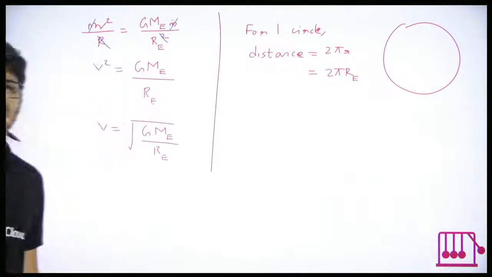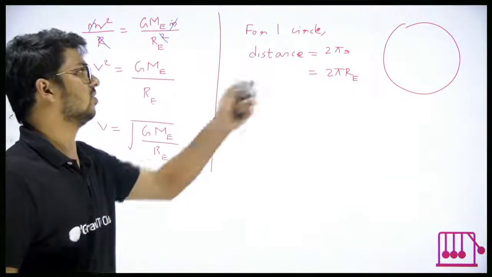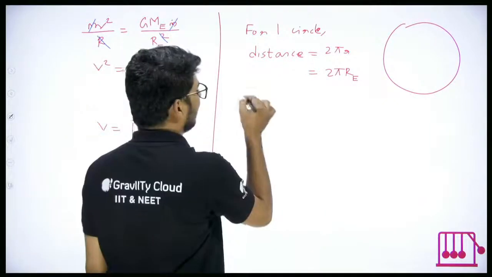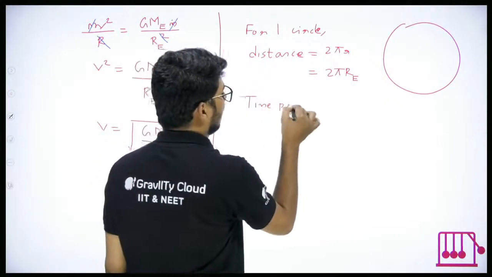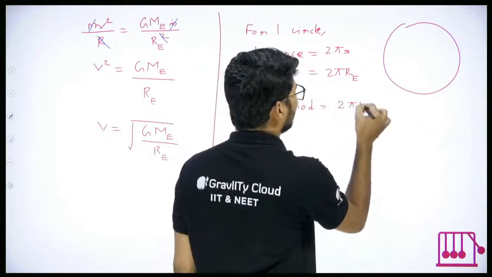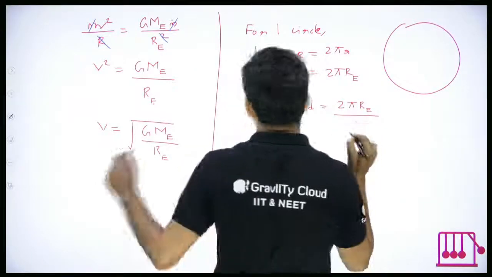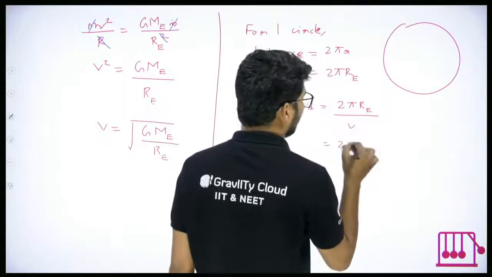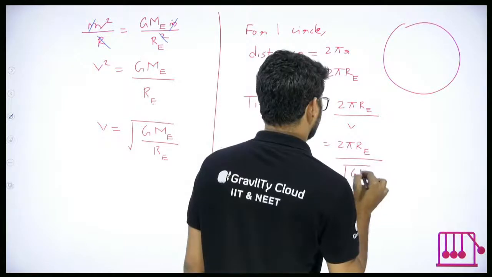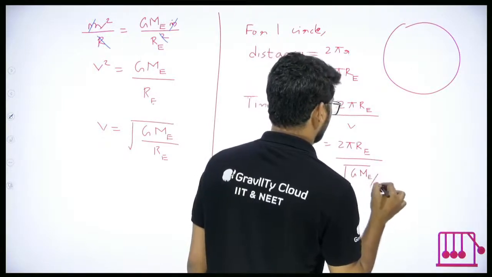It is revolving around the earth, near the surface of earth, so radius is almost equal to radius of earth. And the time taken will be equal to distance by speed, so 2 pi Re upon v. It is 2 pi Re upon under root of GMe upon Re.